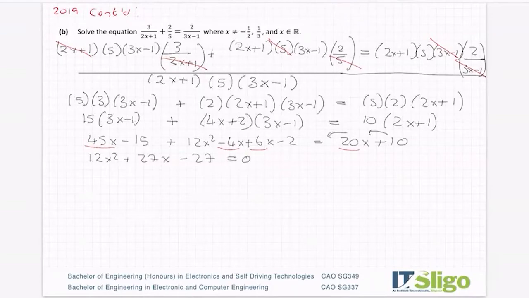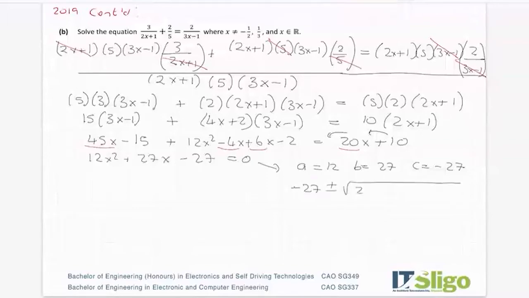Okay, so you have 2 options here to solve. You can go the minus b formula. A is equal to 12, B is equal to 27, C is equal to minus 27. And then it's minus B plus or minus the square root of B squared minus 4AC all over 2A.